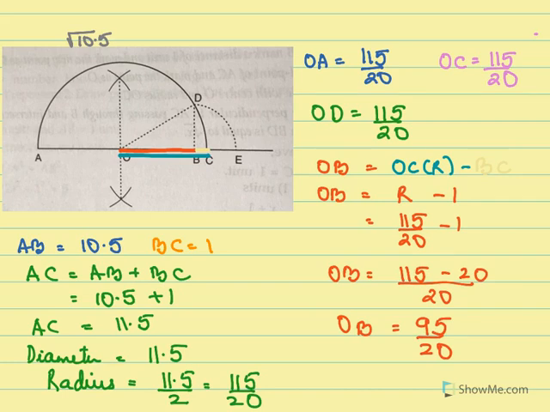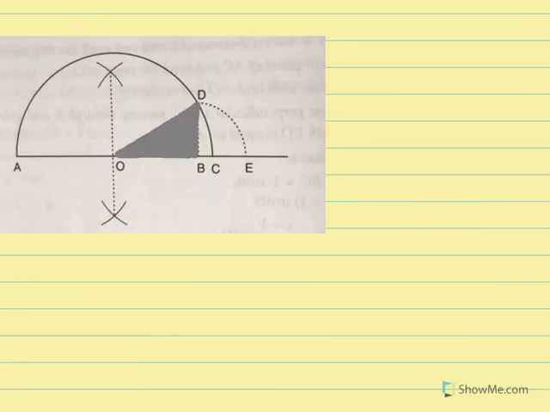So in this triangle we found the two sides, and we go ahead and use the Pythagoras theorem. So we've got to use Pythagoras theorem in this triangle OBD. OD was the radius, and we found that as 115 over 20. Then we found also OB, and we found OB as 95 over 20.